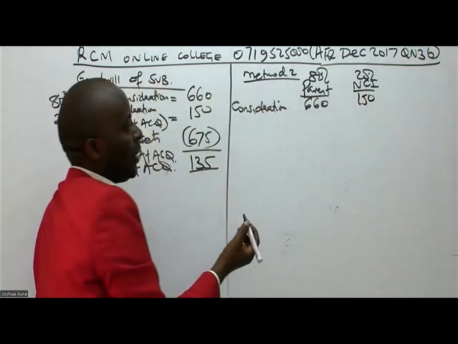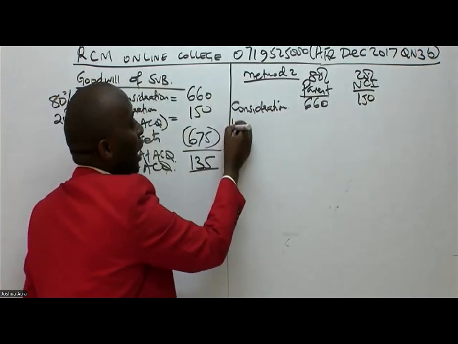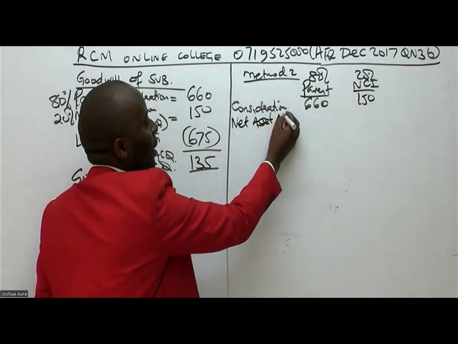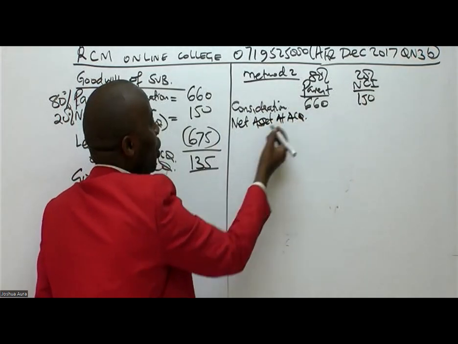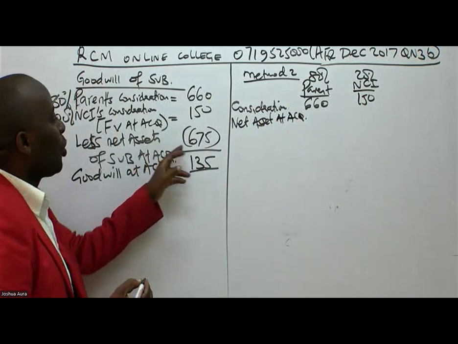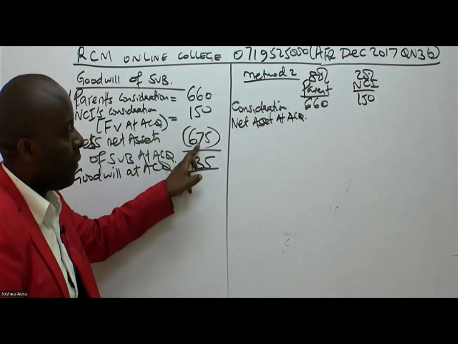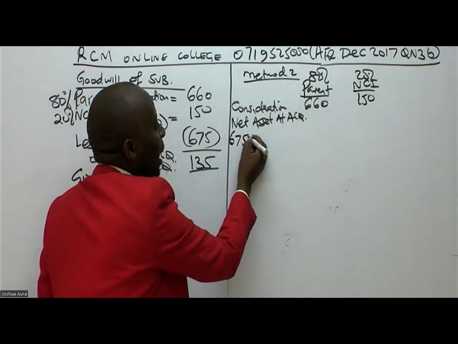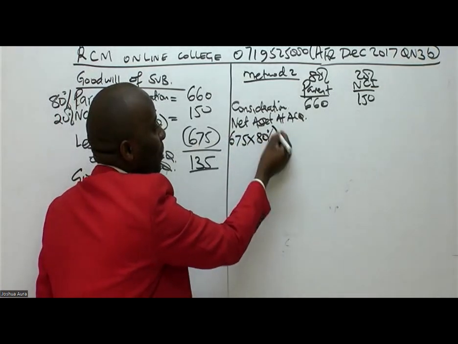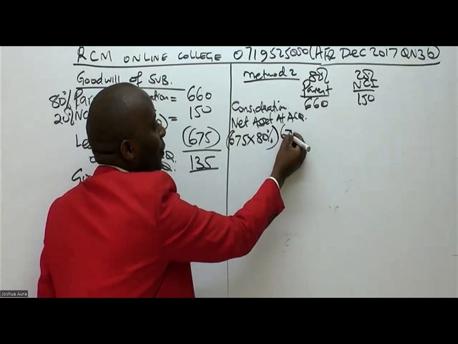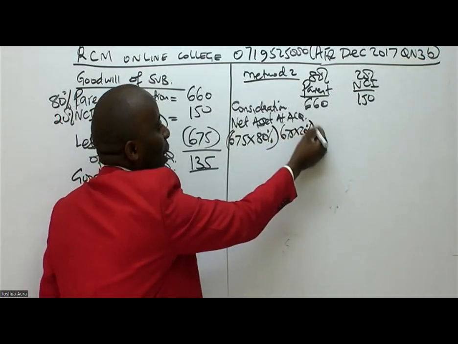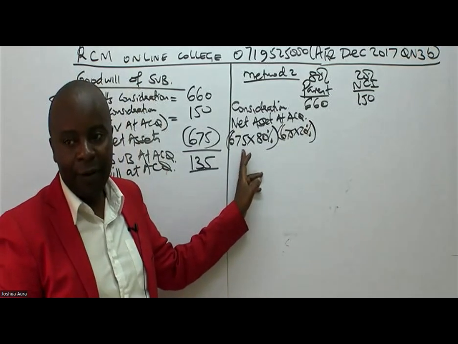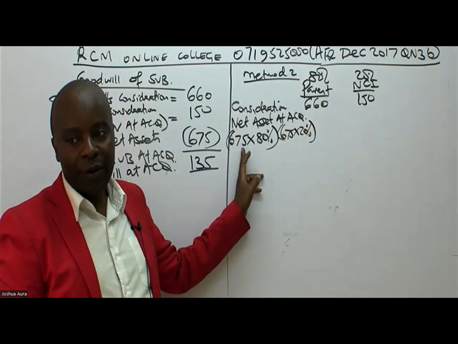From there, we have net assets at acquisition. We want to apportion the net assets at acquisition. You gave me this 675 figure. I would want to apportion it to the parent, who owned 80%, and give NCI their share. Could you kindly give me 80% of 675?